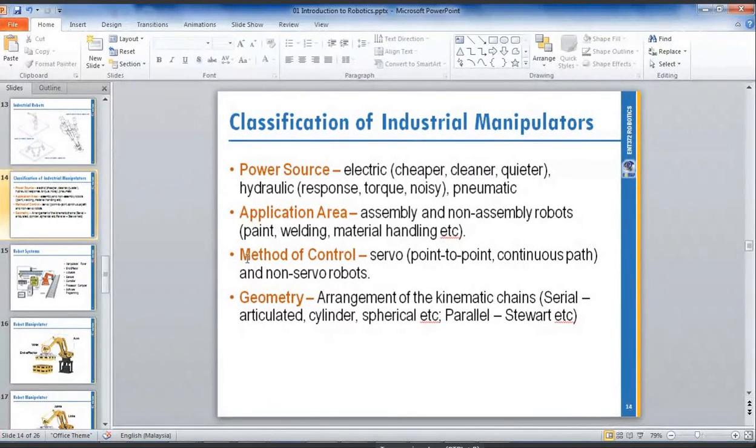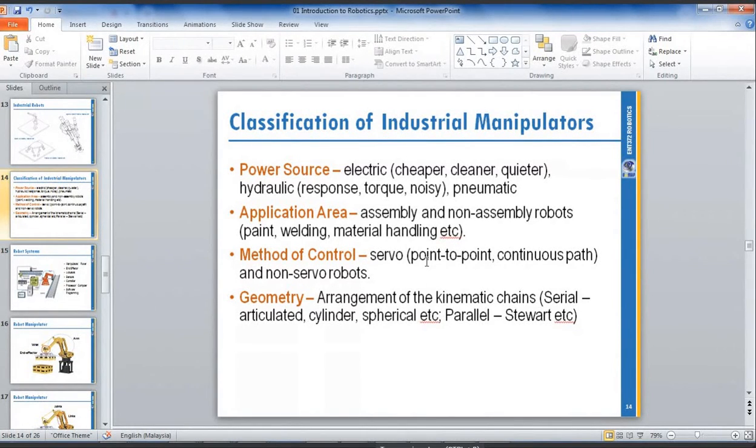And then what control do you want to use? Method of control. So you use a servo or non-servo robot. For example, if you want to do point-to-point or continuous path, point-to-point, for example, is spot welding.